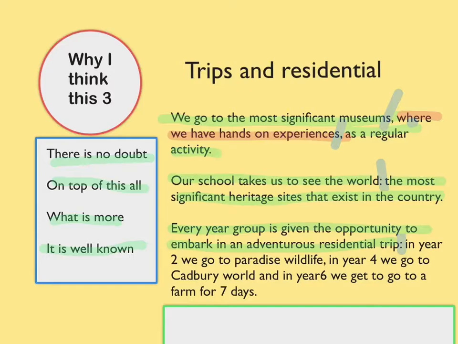Now, the next part is adding detail. Well done. There's not only adding detail, it's listing 3 different things. Look, it's listing where you go in year 2, in year 4, and in year 6. There is a nice effect of listing 3 things at a time when you're writing a persuasive text. So every time you want to list things in these arguments, list 3 things at a time.